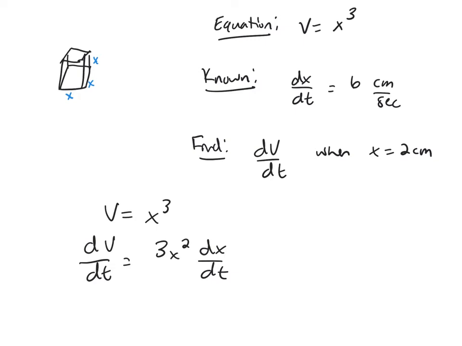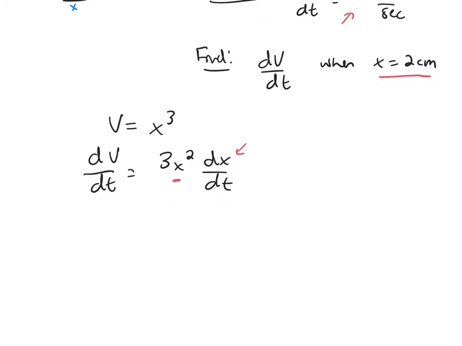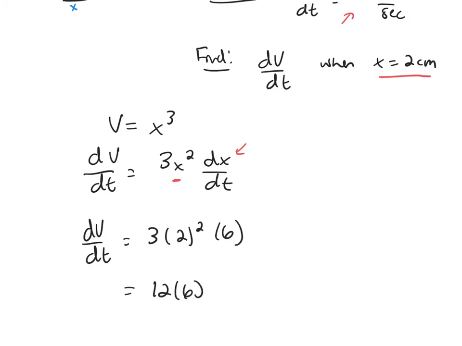So in particular, I know x here, and I know dx/dt. And that's going to allow me to solve for dV/dt. So dV/dt will be 3 times 2 squared times 6. 12 times 6, or 72.